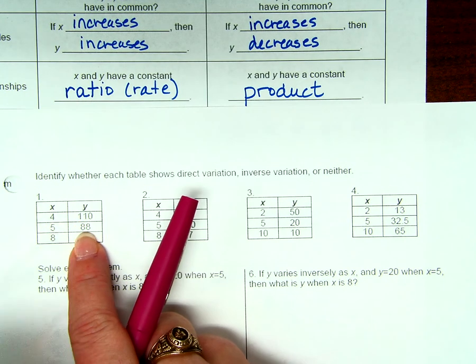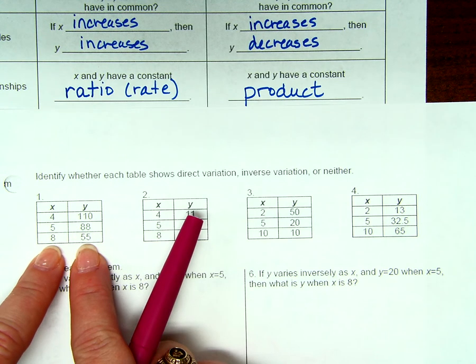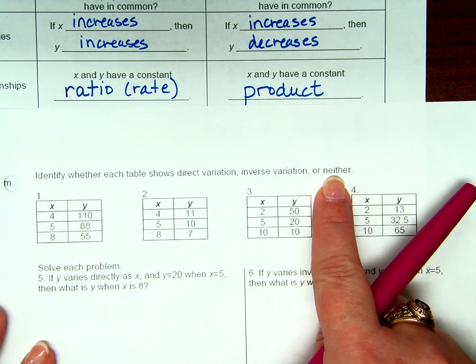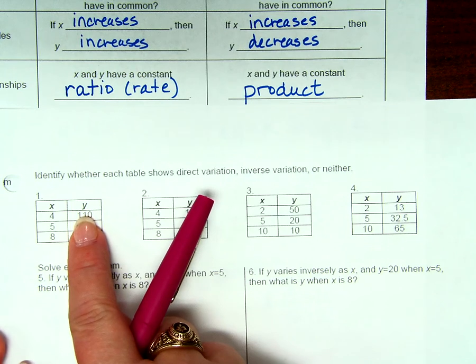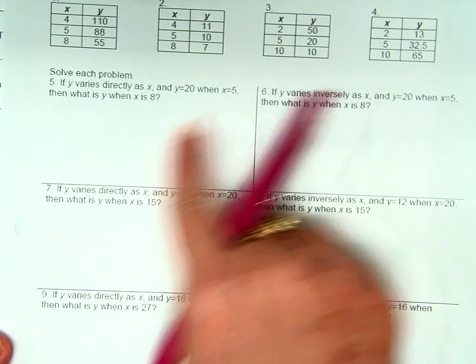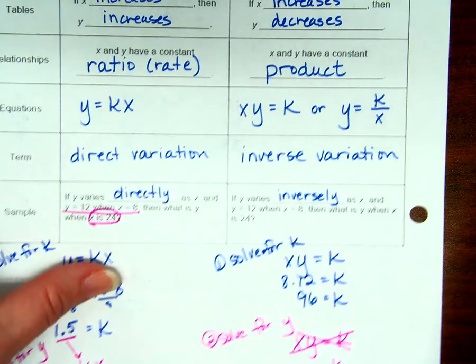What is 5 times 88? 440. What is 8 times 55? 440. So do I know that this is inverse variation? Yes. So if I'm trying to decide whether it's direct, inverse, or neither, because it can be, right? This would definitely be inverse. Do you understand how to do those? And then these are just like the ones that I showed you down here at the bottom. Got it? Any questions?